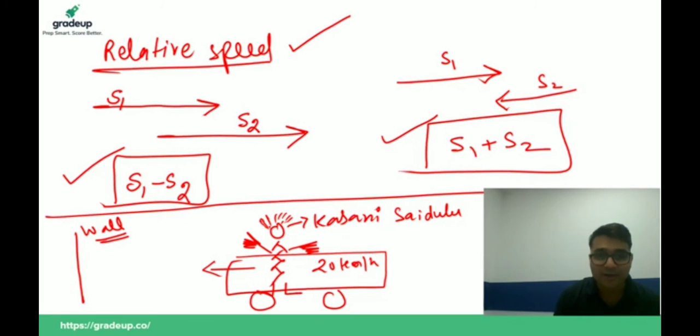Then at what speed will you hit this wall with your car? Just tell me. You will hit this wall at the speed of 20 kilometers per hour.